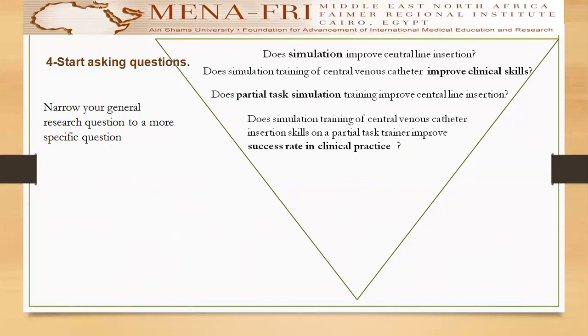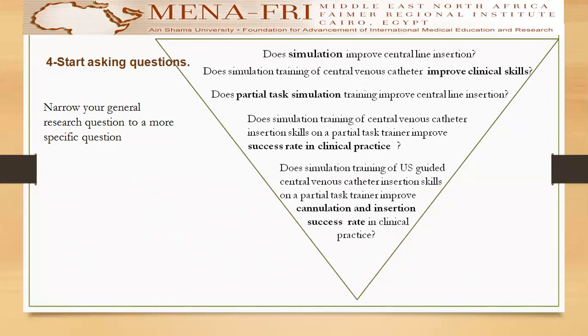Then, does simulation training of central venous catheter insertion skill and partial task training improve success rate in clinical practice? Then, does simulation training of ultrasound guided central venous catheter insertion skills on a partial task training improve cannulation and insertion success rate in clinical practice?